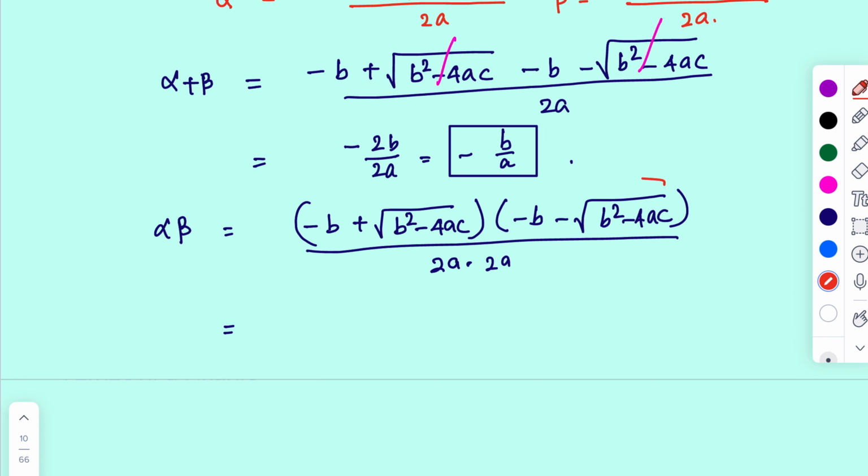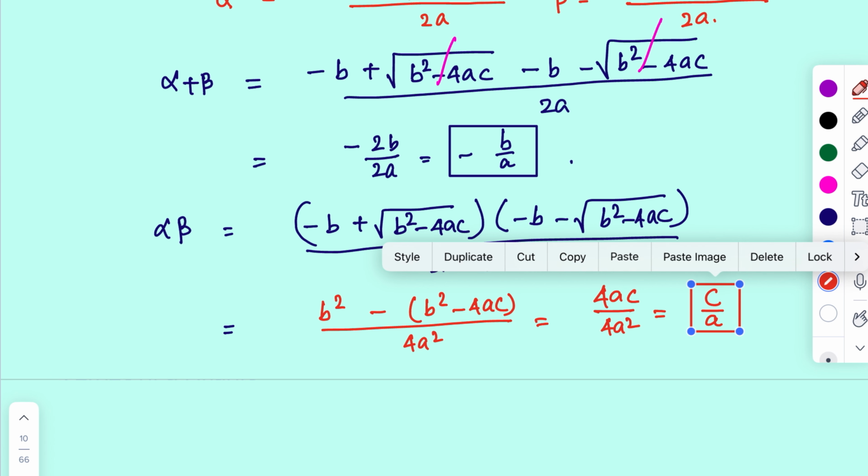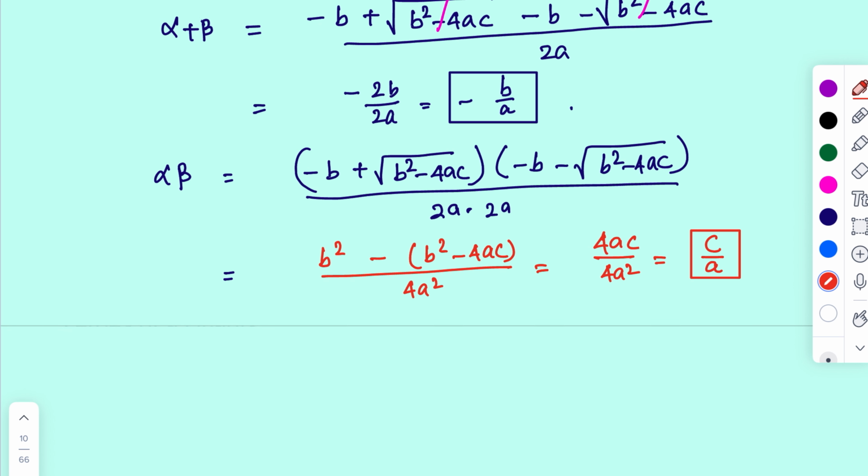This is one term and this is the other term. Similarly, a plus b into a minus b. So we will write it as b square minus b whole square, that is b square minus b square minus 4ac divided by 4a square. So this will be equal to 4ac by 4a square. So it will be equal to c by a. This is the product of the two zeros.